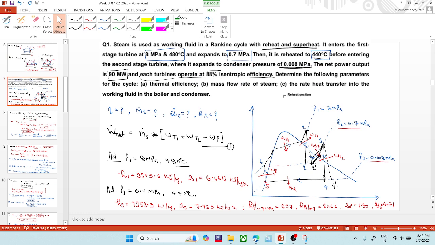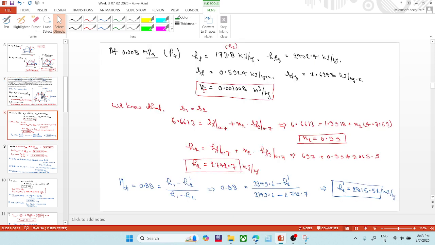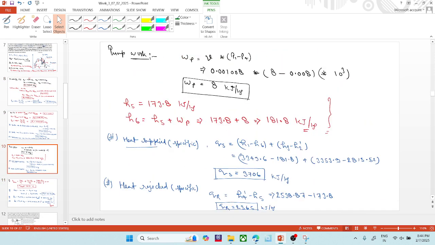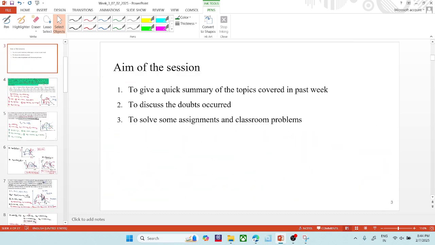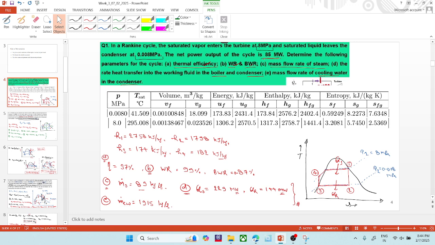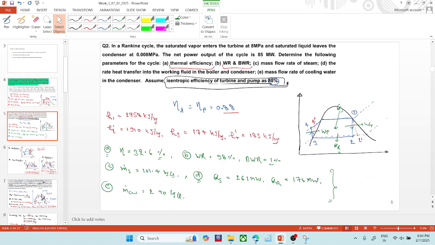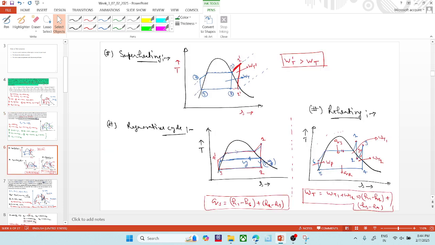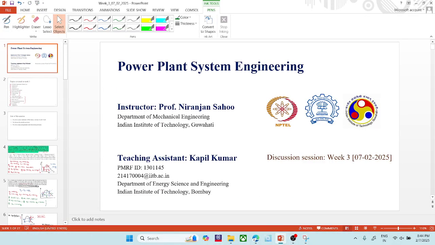In the next class also, if you have any doubt regarding this problem, then we can take it up. To summarize the class, I have shown the way by which we can solve the unsolved problem from the last session, and I have just explained what the superheating, regenerative, and reheating cycles are, and that's it.